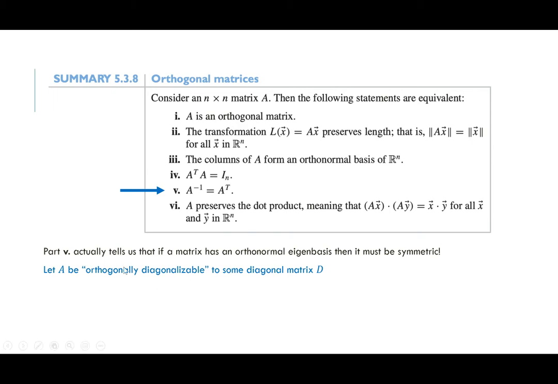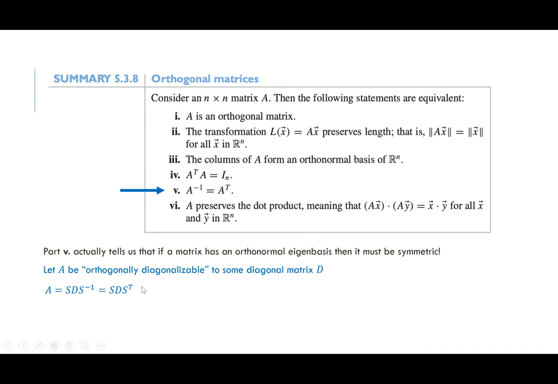So this is what I mean by orthogonally diagonalizable. So we've got A is S D S inverse. And since the eigenbasis is orthonormal, our matrix S is orthogonal, so S inverse is the transpose.